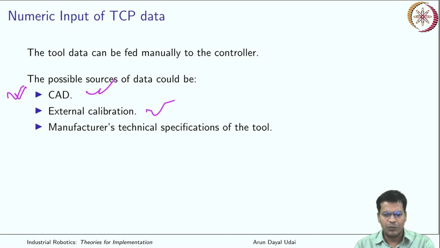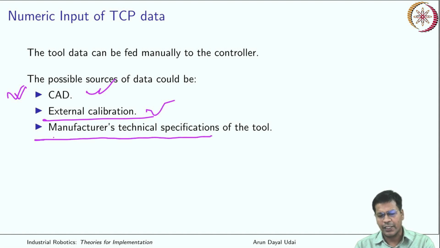They do exactly the same thing. It directly takes the data from the external calibration and feeds it to the controller, or you can use any manufacturer's technical specification of the tool. If a tool is manufactured by a manufacturer, sometimes they also provide how the tool tip is located with respect to the flange where you are going to place it. Okay, so exactly those information you may be having.